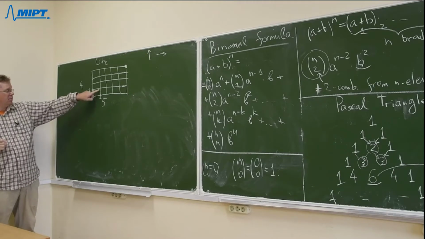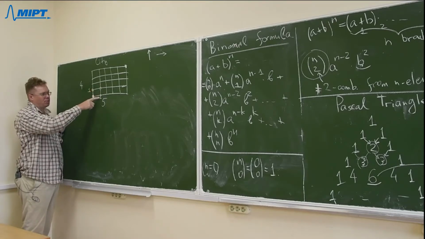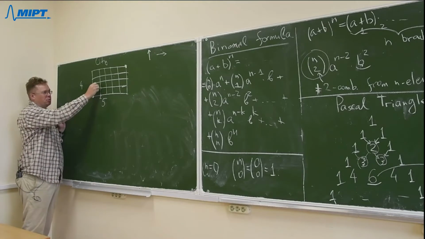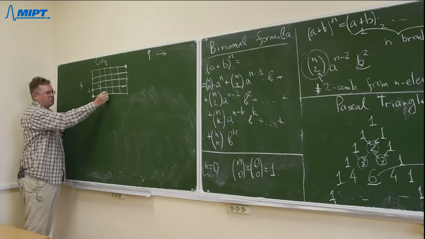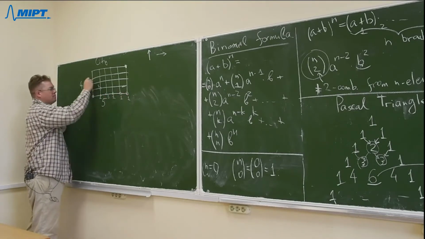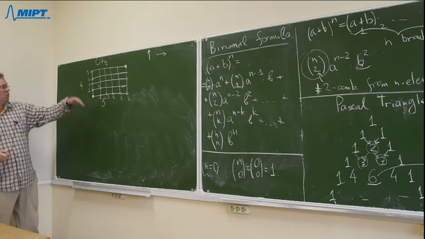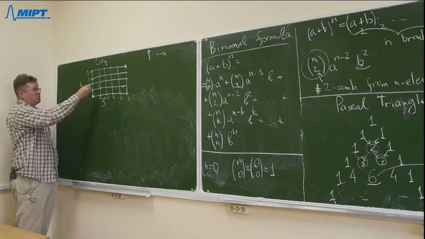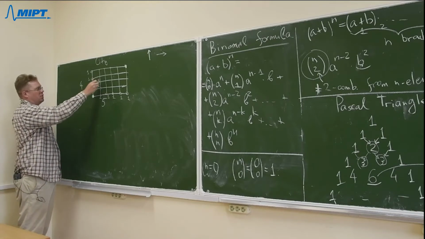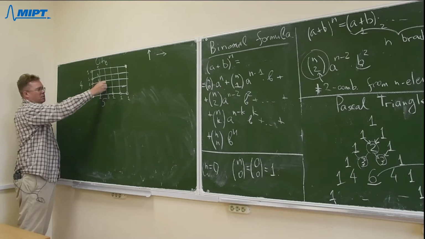And if you want to get here, you can just sum the number of possible ways to go here and here. So here will be 2, and you can just calculate it by counting the number of ways of going through all the intermediate points. So here we have 3, 4, 5, and so on.